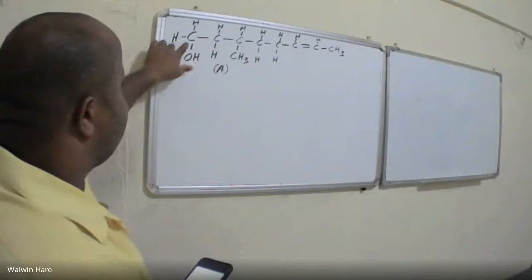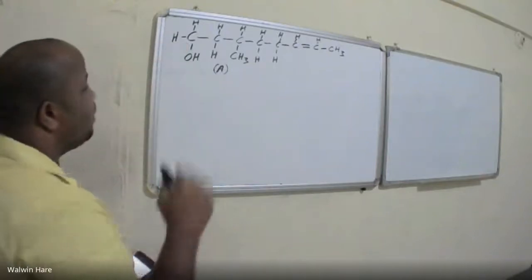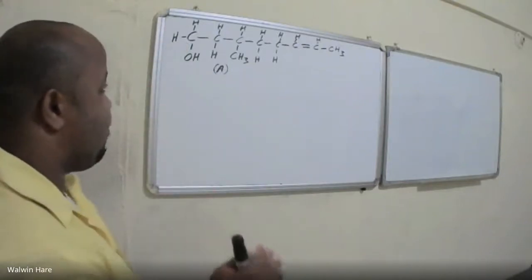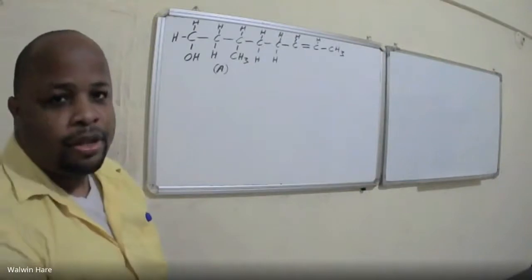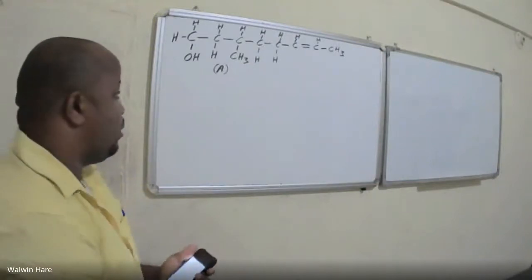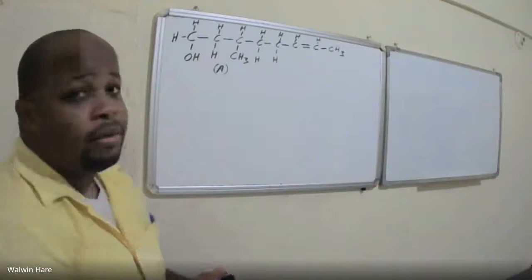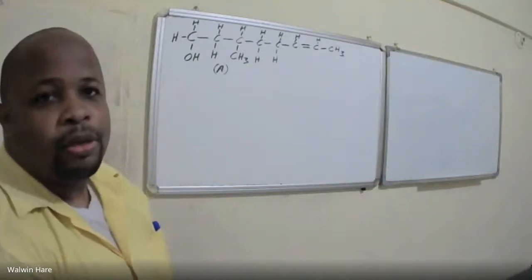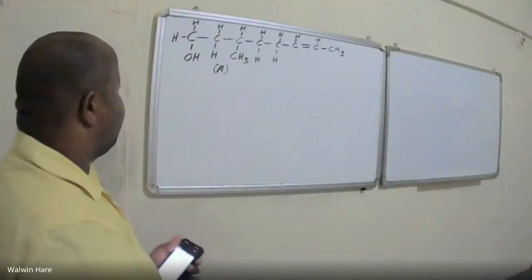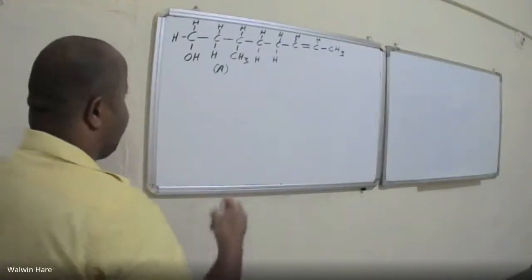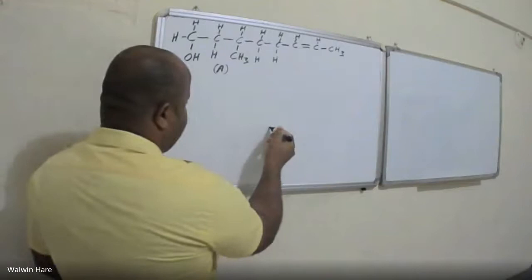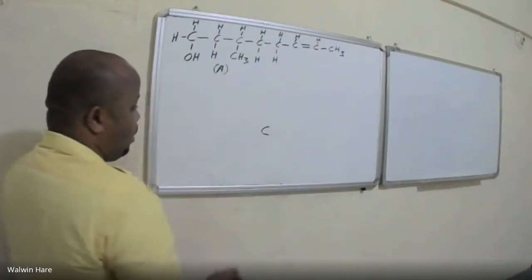Starting from this end, remember, how do we identify a chiral carbon? The carbon with 4 different groups attached. Right. And remember, we are going to identify the groups.